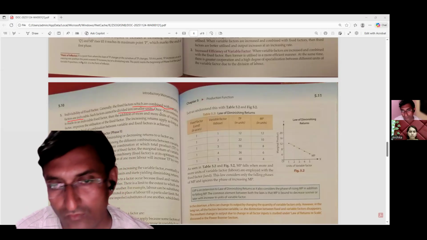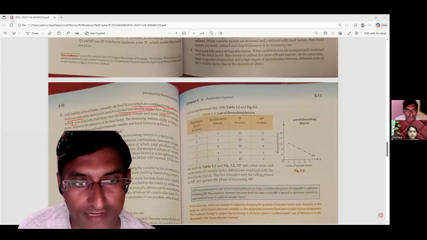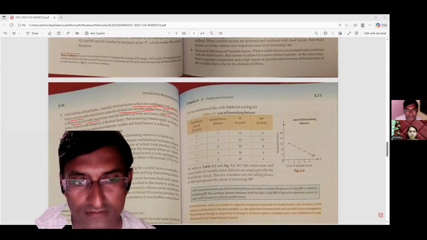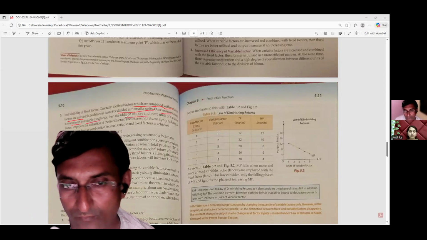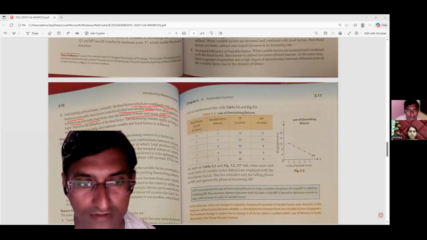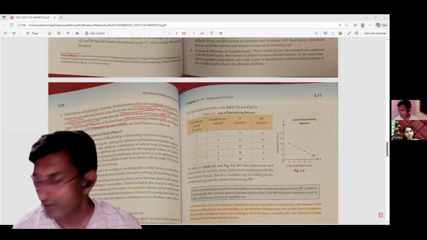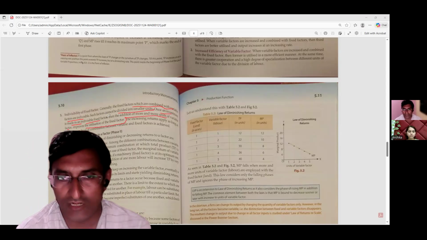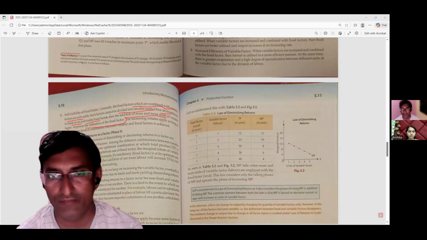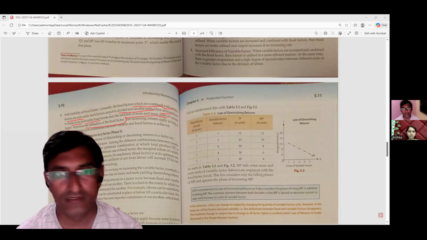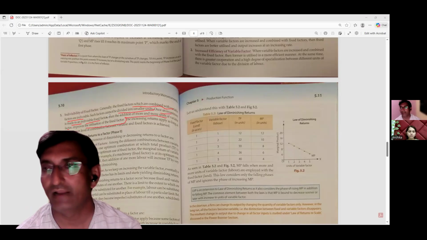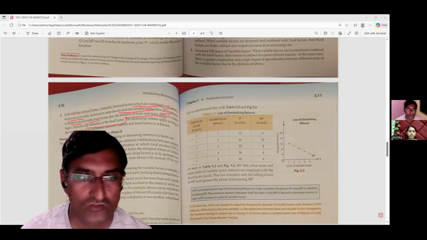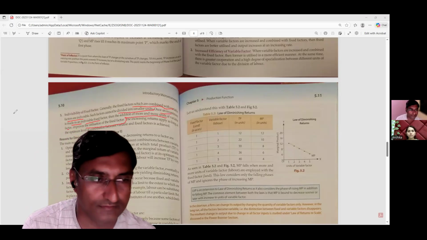Once an investment is made in an indivisible factor, the addition of more and more units of variable factor improves the utilization of fixed factors. In simple terms, we cannot divide them into smaller units. That is why every company tries to utilize maximum resources from those fixed resources. So these are the reasons.